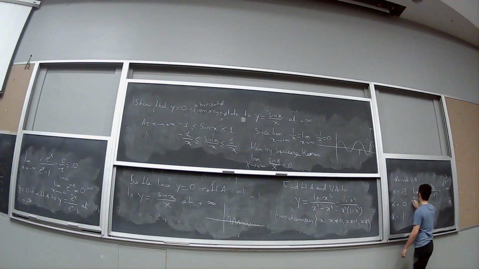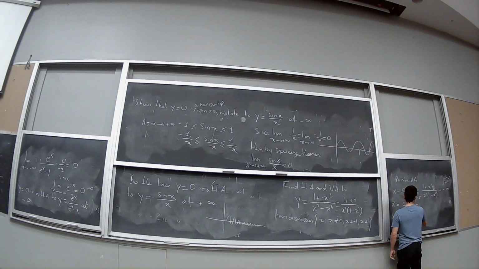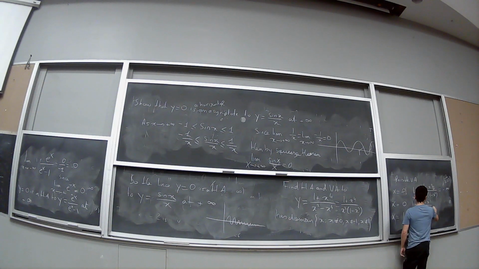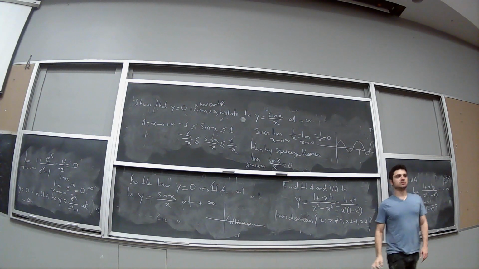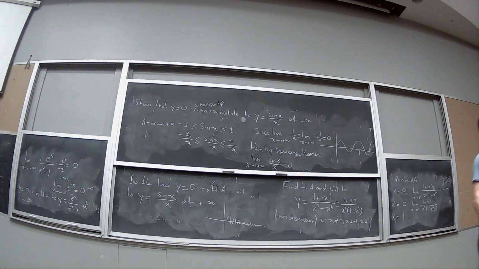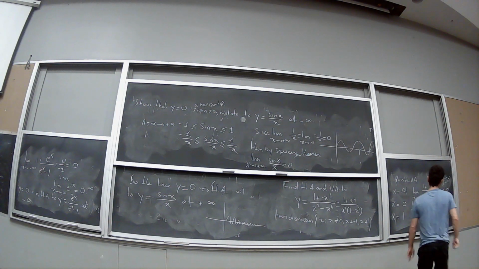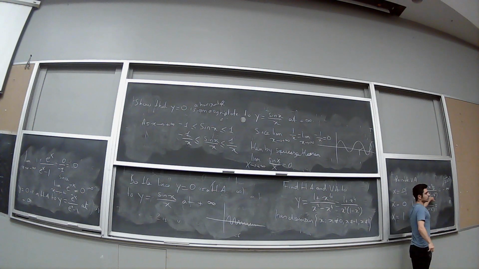Okay, let's look at the limit as x goes to 0 plus. Where does the top go to as x goes to 0 plus? 1, you agree? Where does the bottom go? The bottom goes to 0, of course. This one goes to 1, and this one goes to 0.